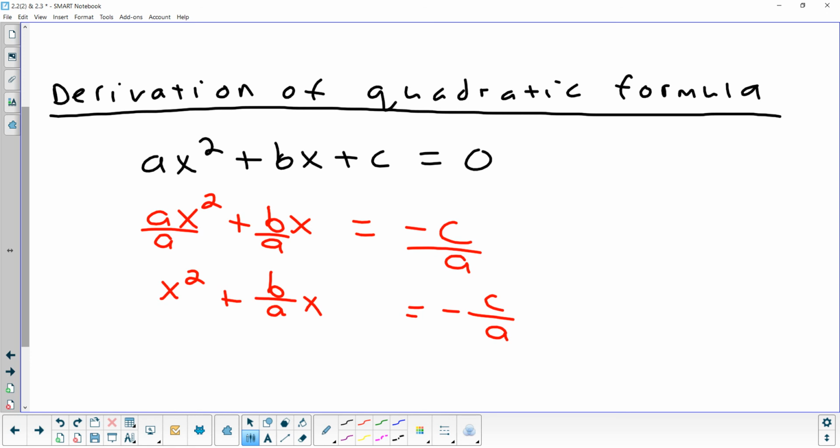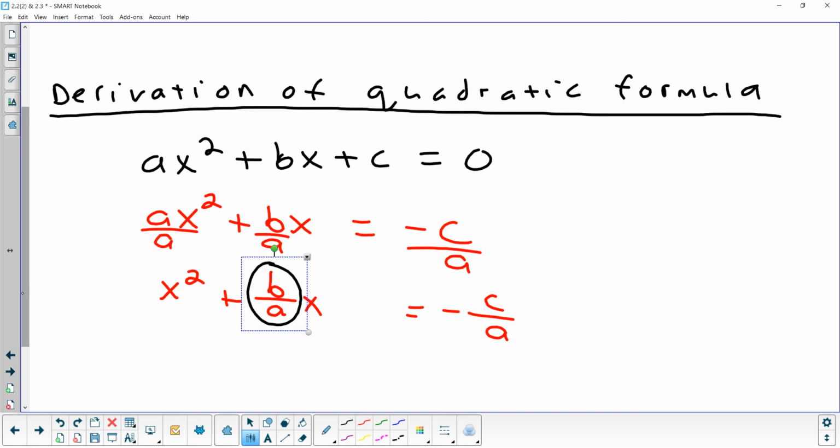Now we're ready to complete the square. We put the constant on the other side, and we've ensured that x squared has a coefficient of 1. To complete the square, it involves doing something with this. That's the coefficient of the linear term. Does anybody remember the two things that you're supposed to do to that to complete the square? Yep.